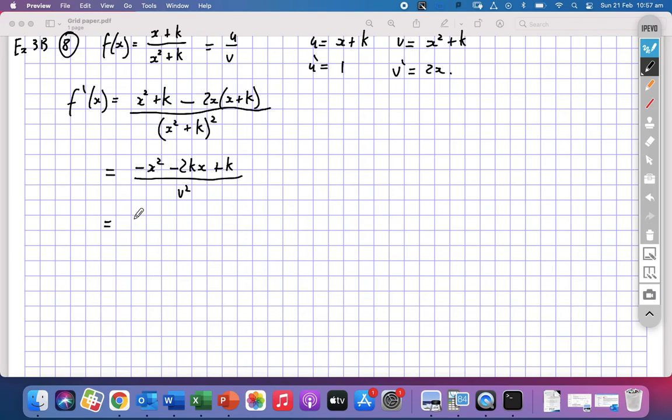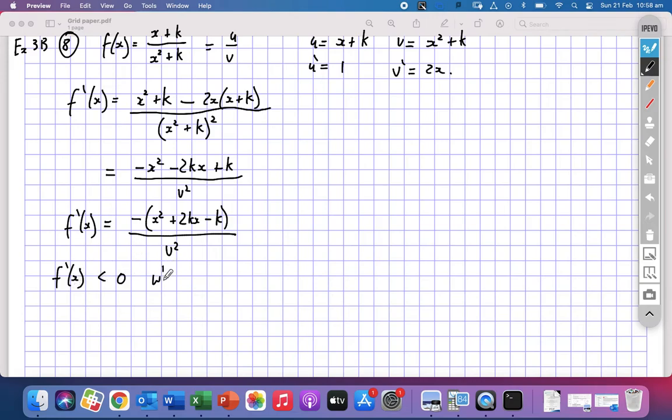And let's do a little bit of extra factorizing. That'll be a plus now, and the k will be a minus, on v squared. I need this derivative to be smaller than 0.